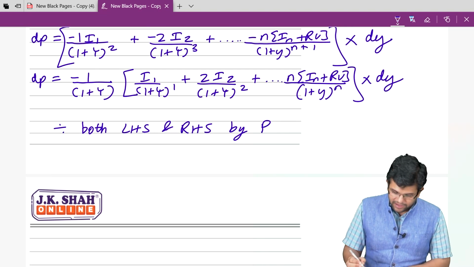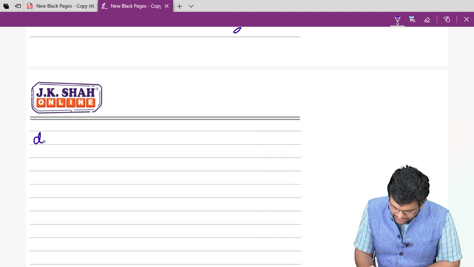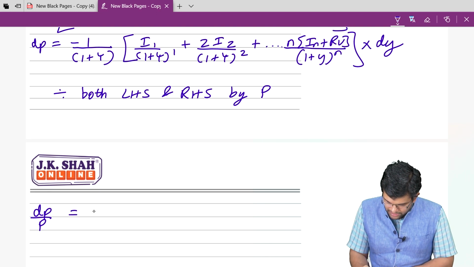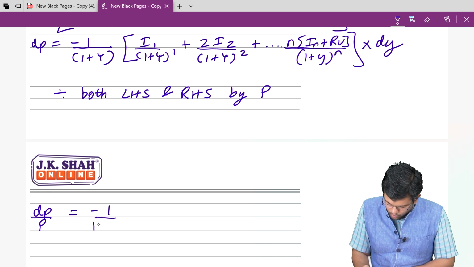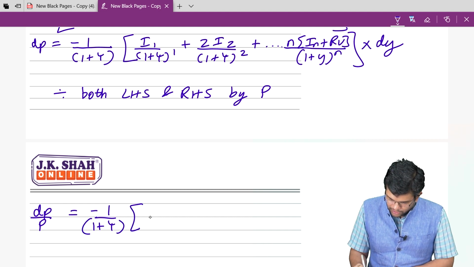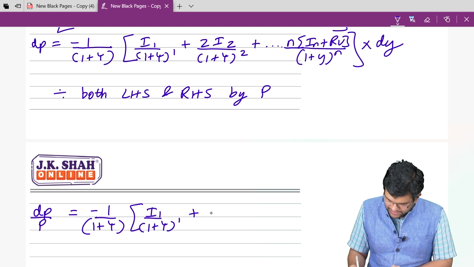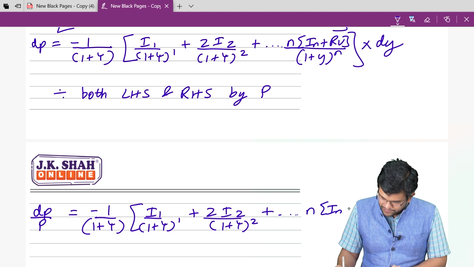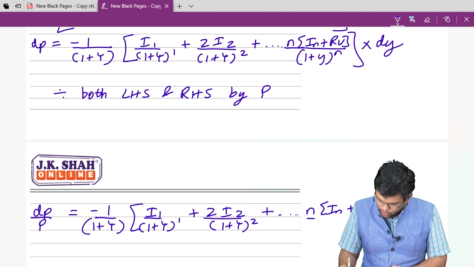On the LHS it will become dP upon P. So dP upon P is equal to minus 1 upon 1 plus y into I1 upon 1 plus y raised to 1 plus 2I2 divided by 1 plus y raised to 2 plus n I n plus rv the whole divided by 1 plus y raised to n.